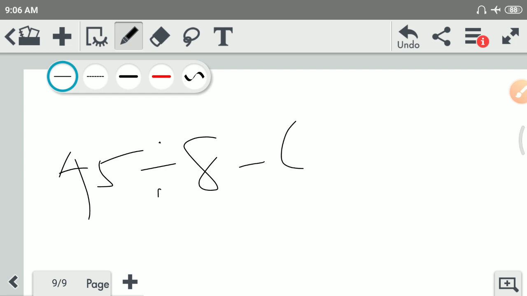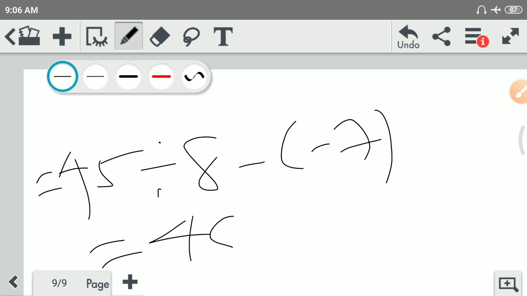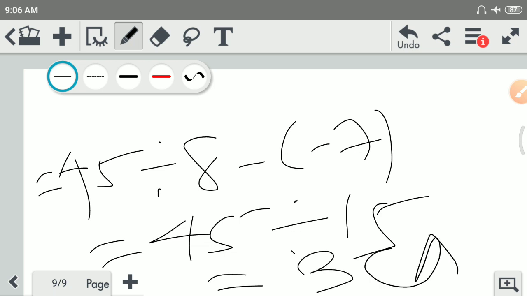Minus 10 plus 3 is what, student? Minus 7. After that, 8 minus 7 is 15. Now if you divide 45 by 15, you will get 3, and the answer here is 3. And you must do your question number 13 bit 1. Okay, thank you, love you all.